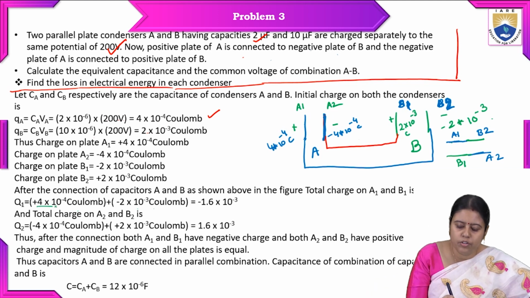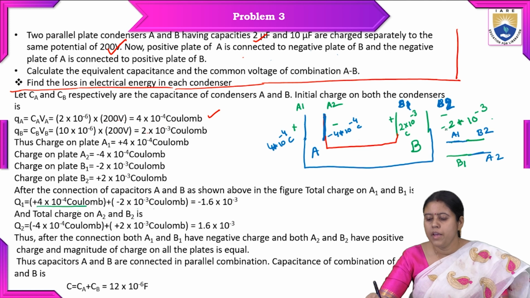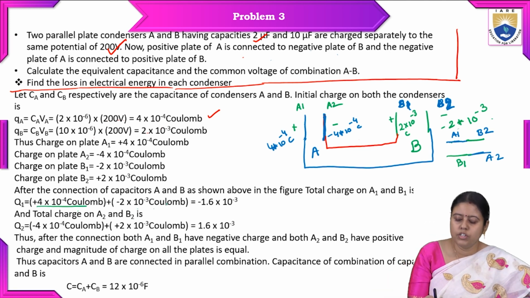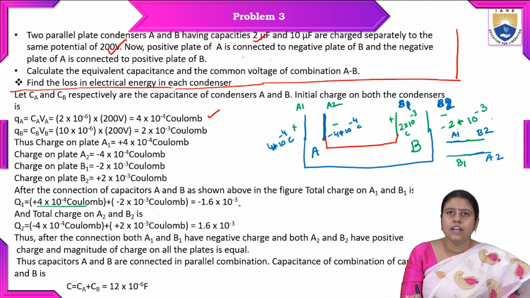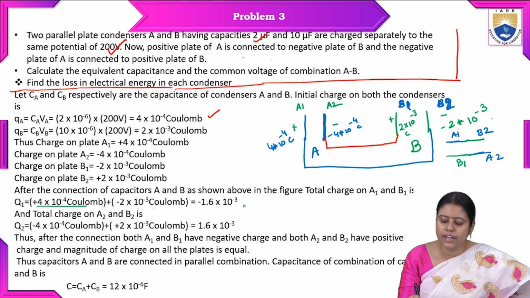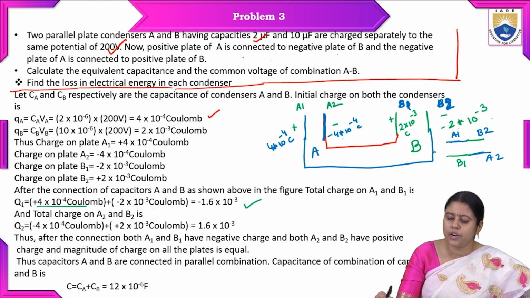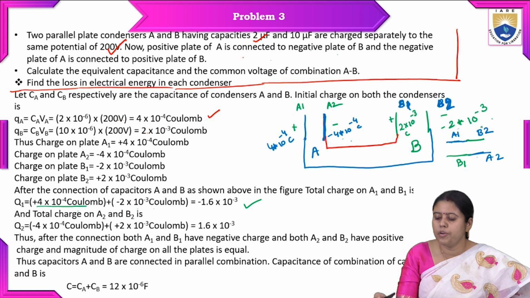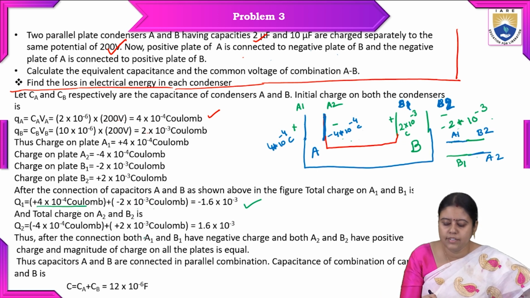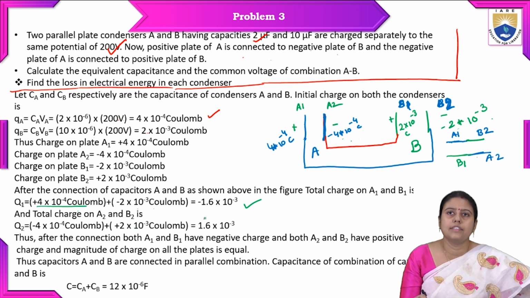A1 charge is 4 into 10 to the power -4 coulomb. B2 charge is -2 into 10 to the power -3. So if we calculate it, we get -1.6 into 10 to the power -3. What is the charge Q2? A2 charge is -4 into 10 to the power -4 plus B1, which is 2 into 10 to the power -3 coulomb.